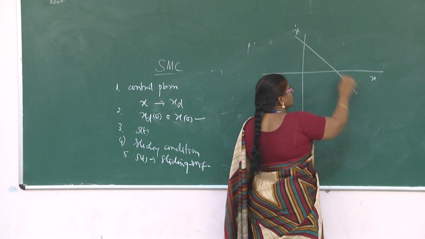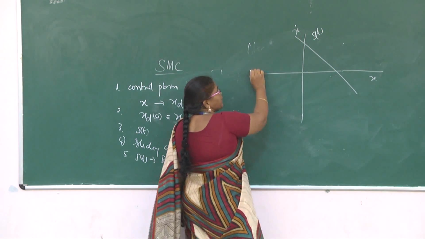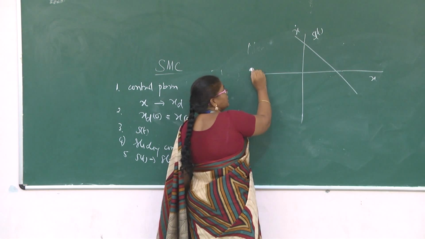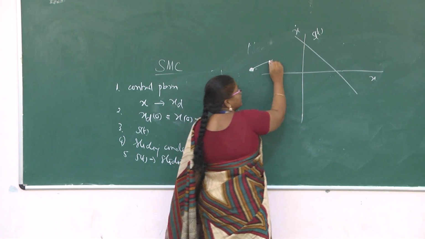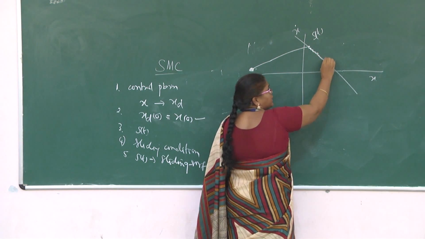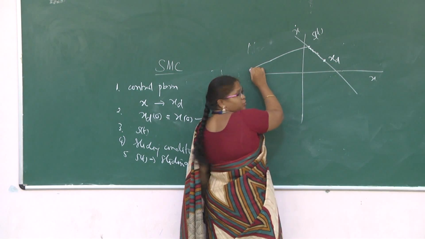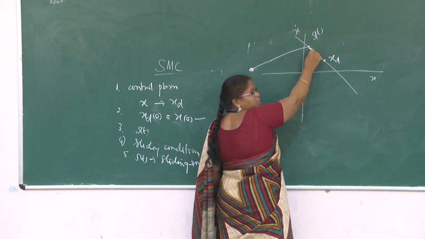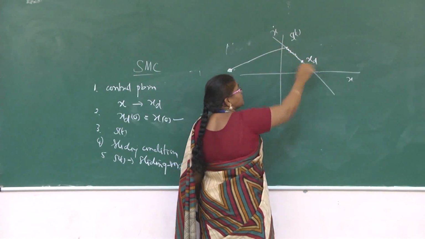Here this is our s of t, and this is my trajectory which starts from any initial condition, and based on the sliding condition it moves, hits the sliding surface and then slides, and here I can assume my desired state. It starts from here, moves slowly based on the path, terminates at the sliding surface and slides there, because this set is an invariant set.